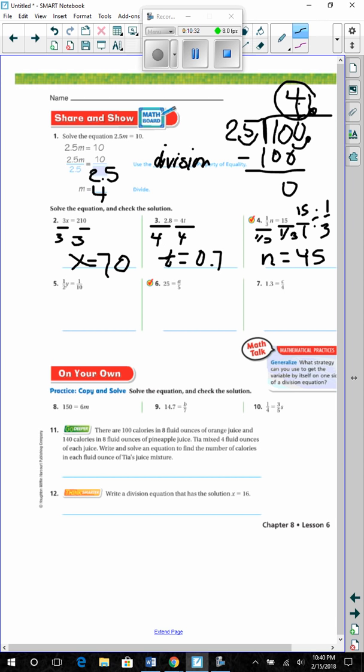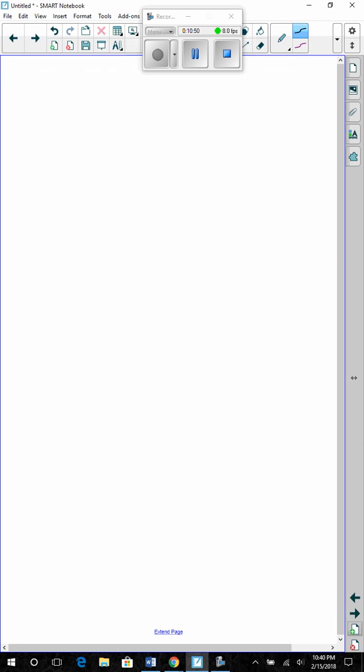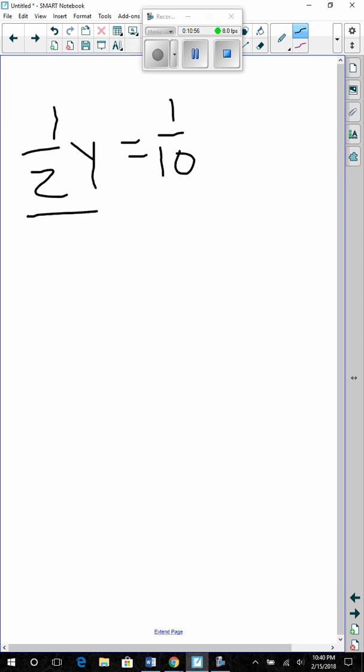Number 5. 1/2 y equals 1/10. Same thing, guys. It's being multiplied, so you need to divide. 1/2 y equals 1/10. We're dividing each side by 1/2.